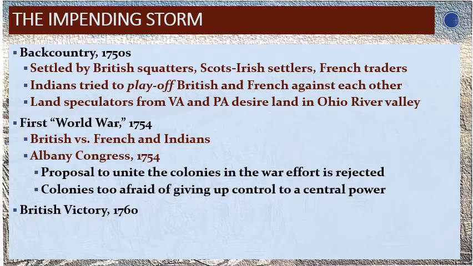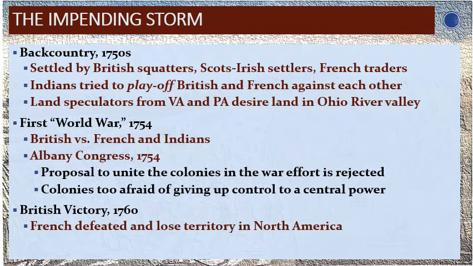Well, the war comes to an end in 1760, and it's victorious for the British, who are suddenly facing the fact that they control all of North America except for the parts controlled by Spain. And they now have all of these French possessions all across the world because France is defeated.